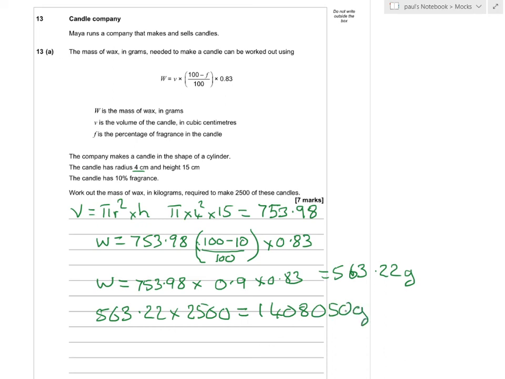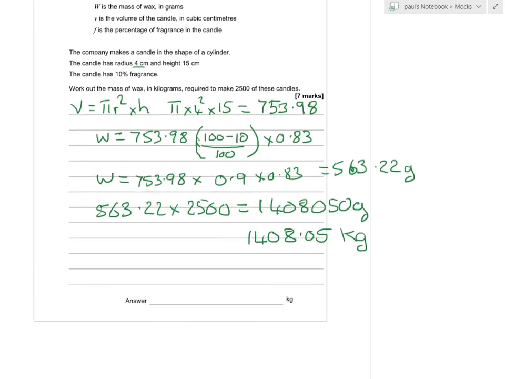Change that into kilograms. We divide by 1,000, so I get 1408.05 kilograms. Tons of kilograms. That's a lot of candles, isn't it?